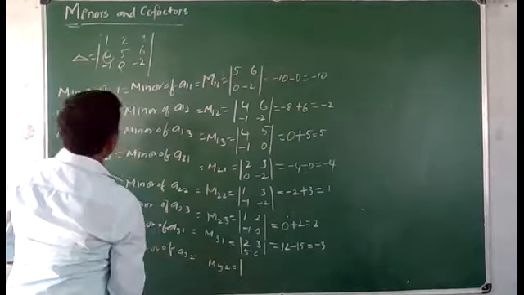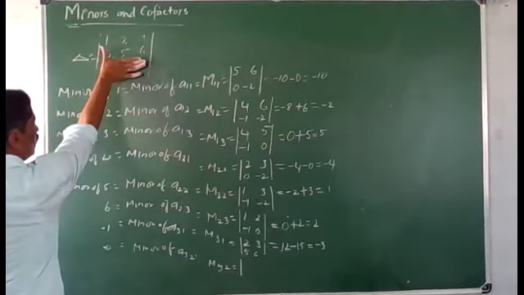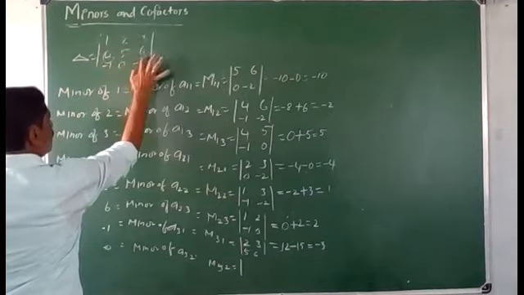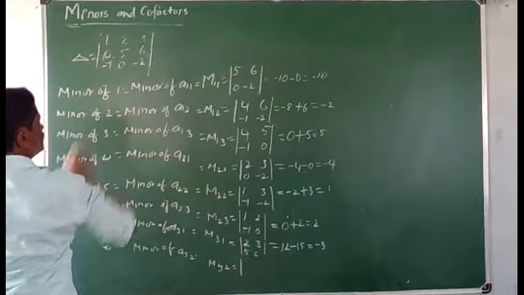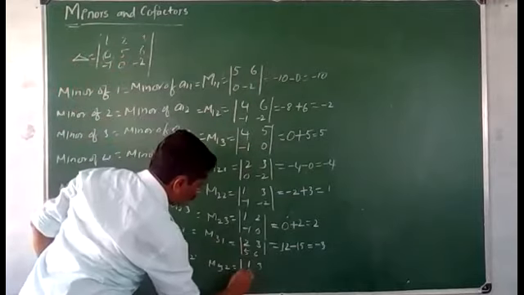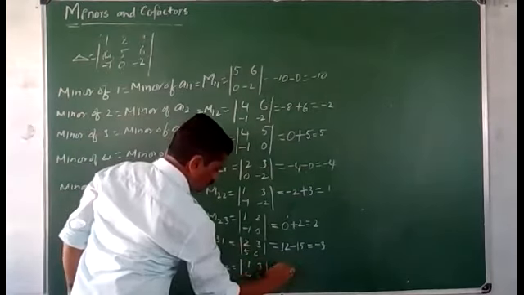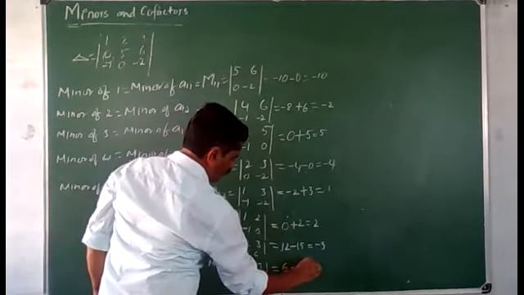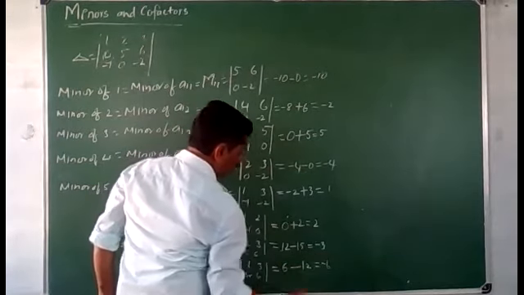So the minor of 0 means whichever row this 0 is in, leave that row, and whichever column it is in, leave that column. Leaving this row and this column, the remaining elements are 1 3 4 6, that is equals to 1 into 6, 6, minus 4 into 3, that is 12, that is equals to 6 minus 12, which is -6.